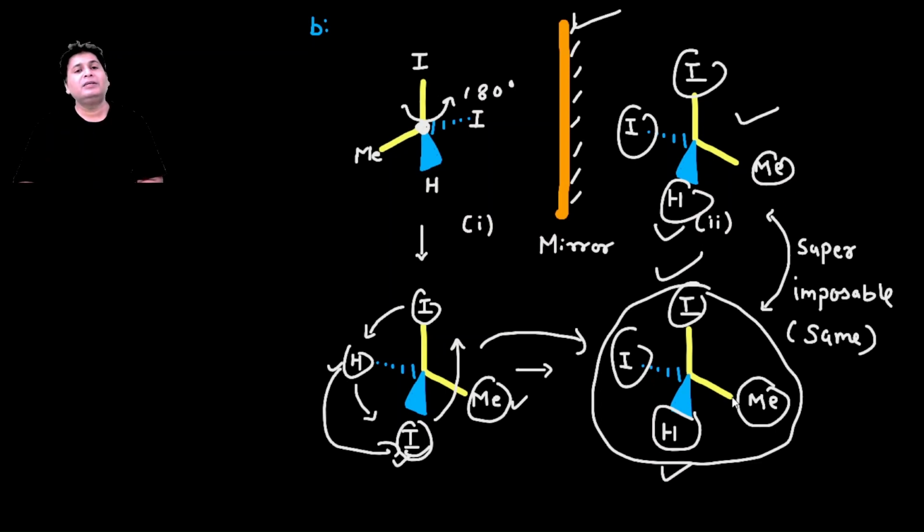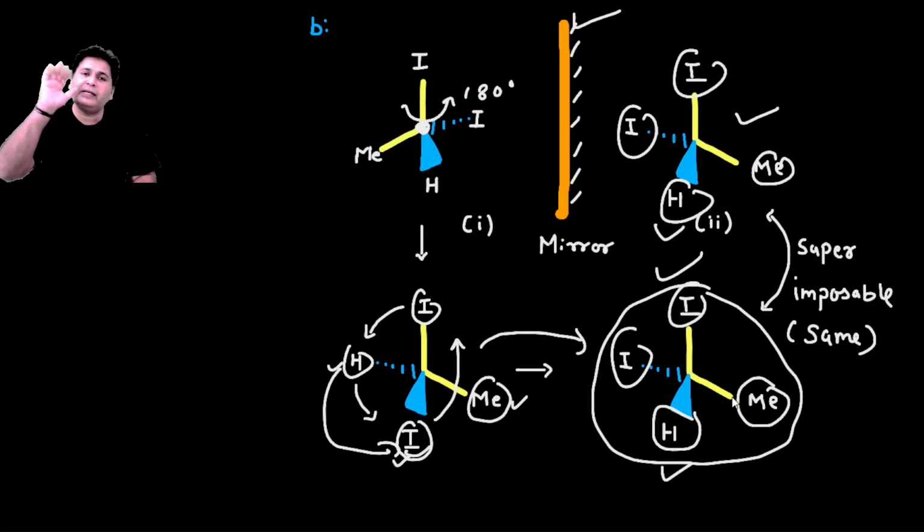In this case, as I took the mirror image, we saw that both are going to superimpose on each other, identical, and therefore these two are not different but identical, and therefore this compound is achiral. Once I say achiral, it means that it is not chiral. Chirality is a very important property, you understand.